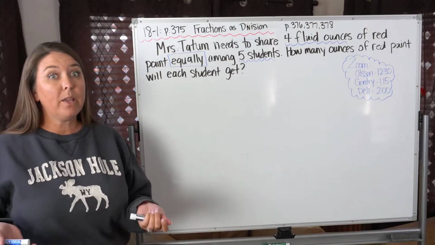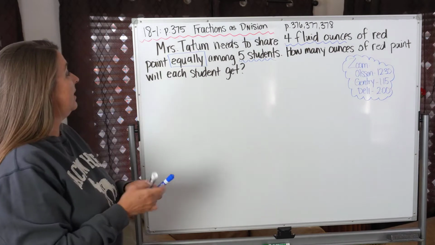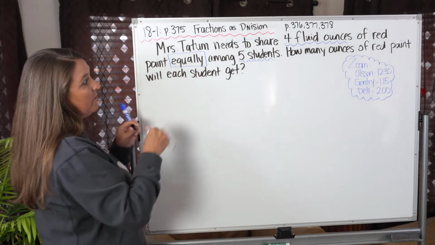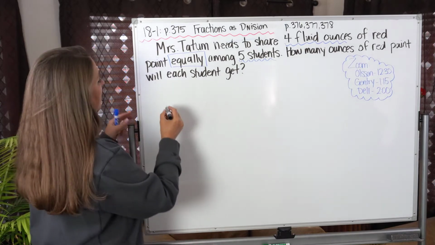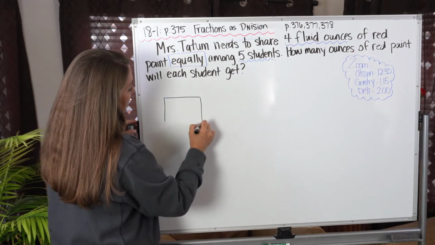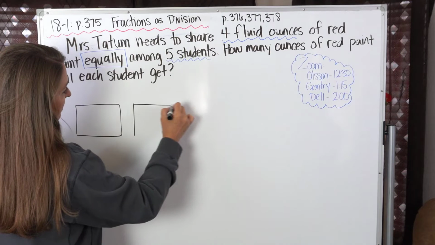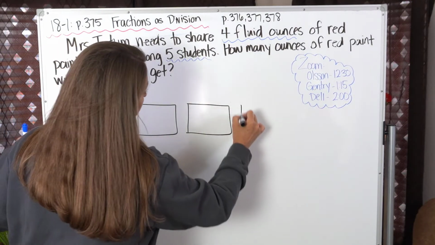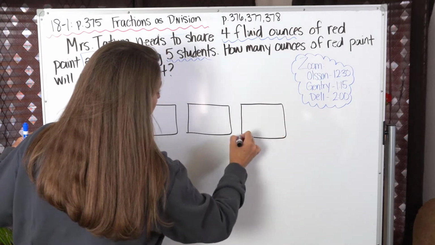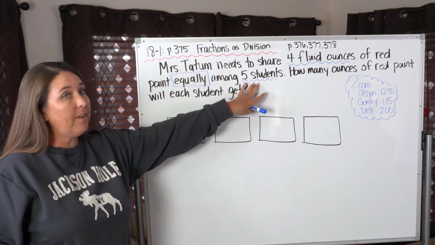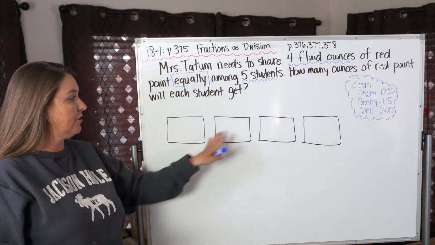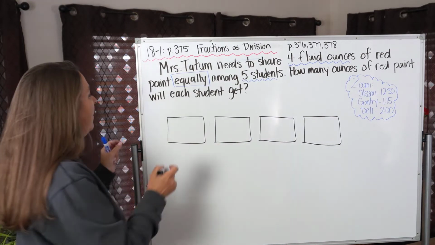All right, so one way that I would come up with a solution will be with fractions, and that we know that there are 4 fluid ounces. So I'm going to show 4 parts, 4 fluid ounces, if you will. And then I know that there are 5 students that need to share each of those. So I'm going to divide each of my 4 boxes into 5 parts.